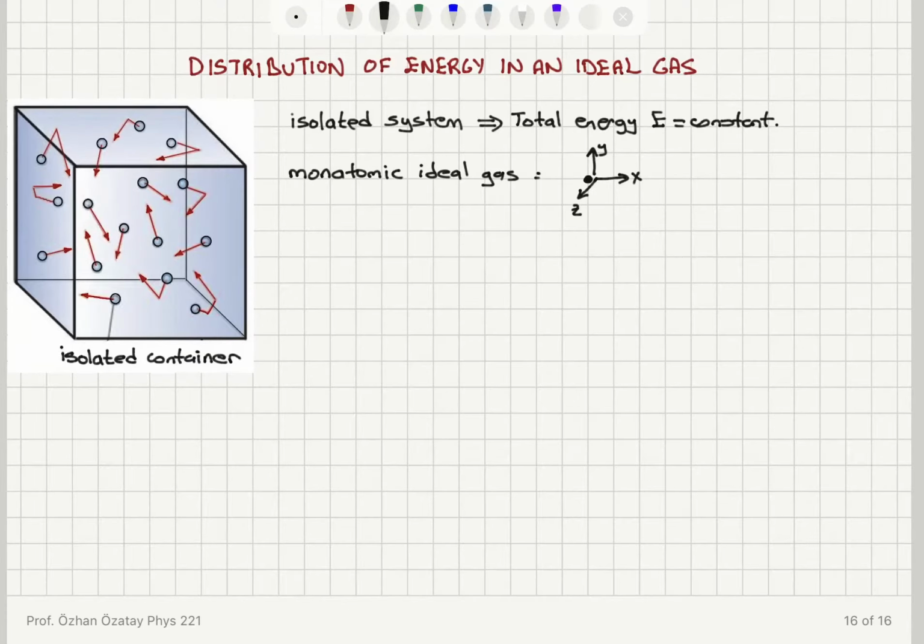So we have three translational degrees of freedom, and therefore the contribution from the ith molecule to the total energy is only the kinetic energy. So it's going to be 1 over 2 m vi square. So this epsilon i is the energy of the ith molecule.